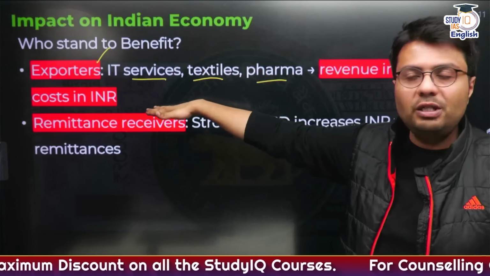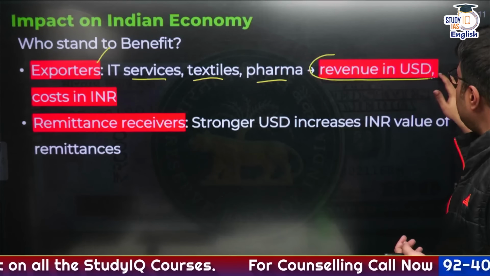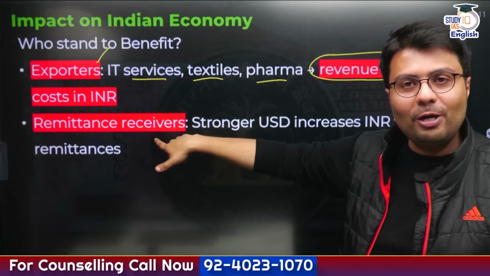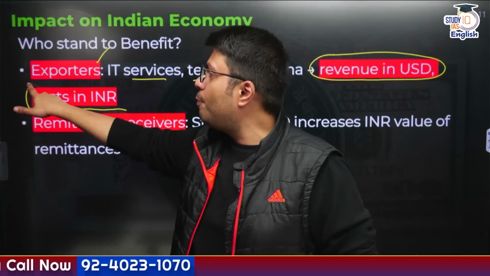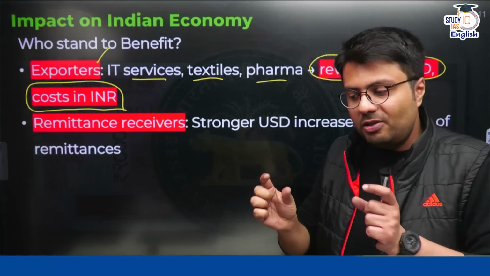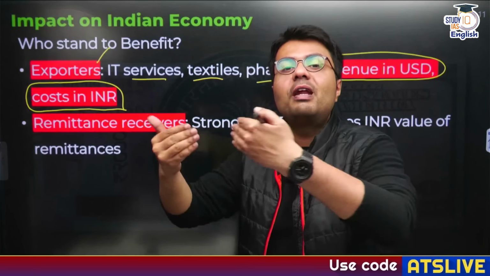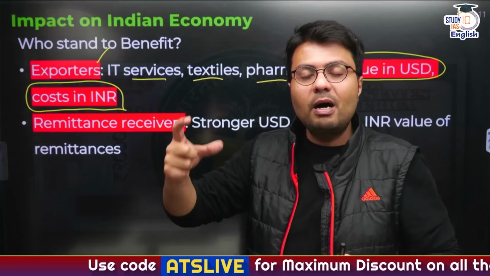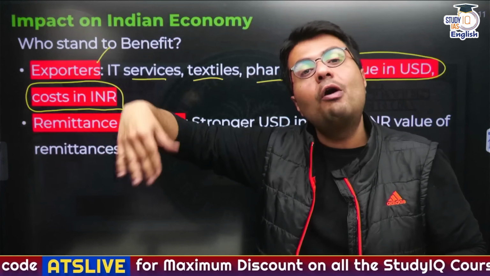So these industries would benefit because their export revenue comes in US dollars, and whenever they convert these US dollars into rupees, they would get more rupees per US dollar in cases of rupee depreciation. Similarly, there is a large section of people who receive remittances. Remittances are a way of monetary transaction that comes from Indian-origin people living outside India.